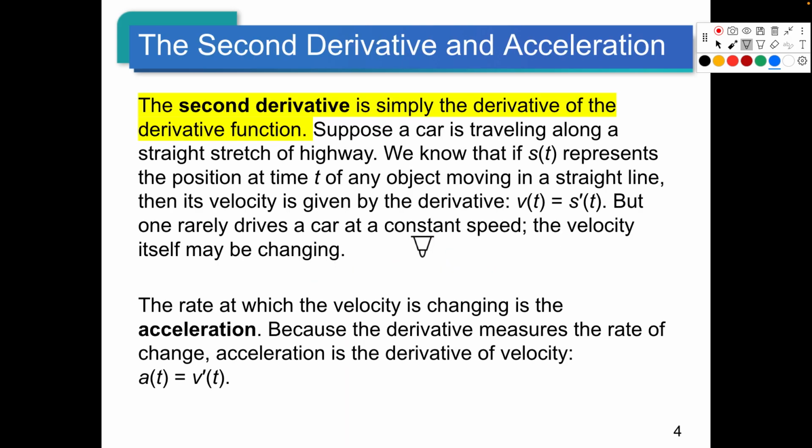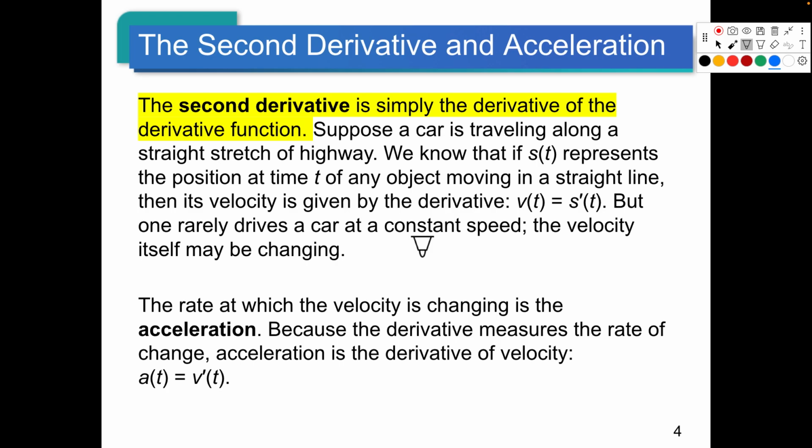So again, this is where it gets a little wordy. I kind of just highlighted the second derivative, simply the derivative of the derivative. So it's the rate of the rate, how the rate is changing. So in this case, when we think of physical, how fast are we going, but how fast are we changing our speed? Are we hitting the gas to try to pass, or are we hitting that brake to maybe slow down real quick? So that's that acceleration, not just the speed itself.